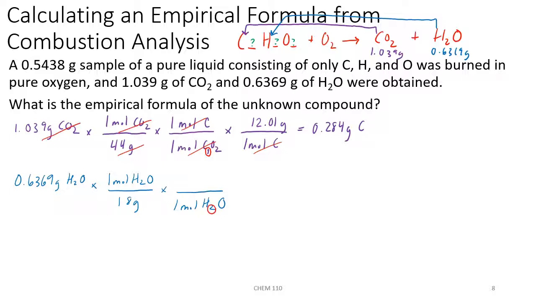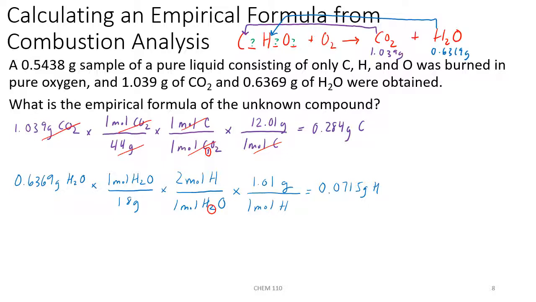That means in every 1 mole of water, there's 2 moles of hydrogen present. And then lastly, converting to grams, 1 mole of hydrogen is 1.01 grams. Our mass of hydrogen that ended up in our water is 0.0715 grams of hydrogen.